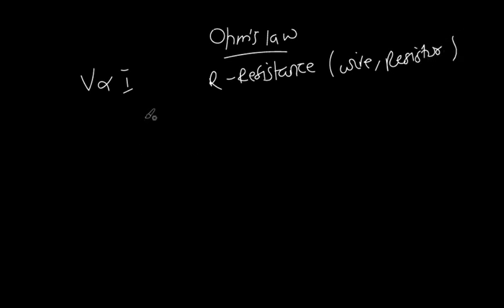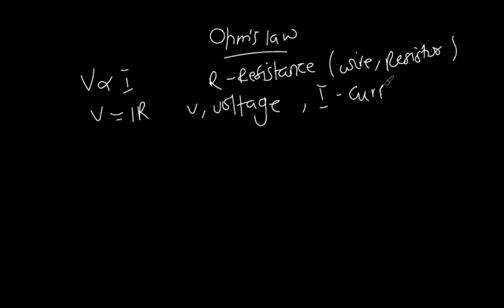So we have V is equal to IR, where V is the voltage or the EMF in some instances, I is the current, and R, as I explained earlier, is the resistance.